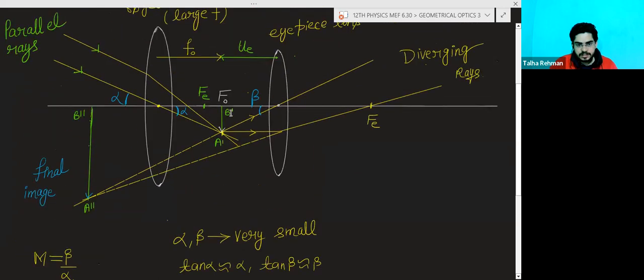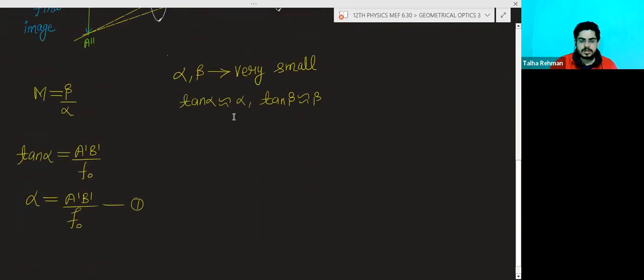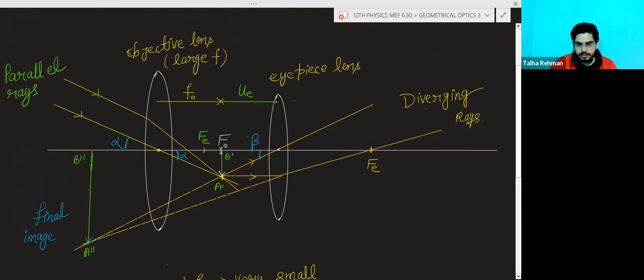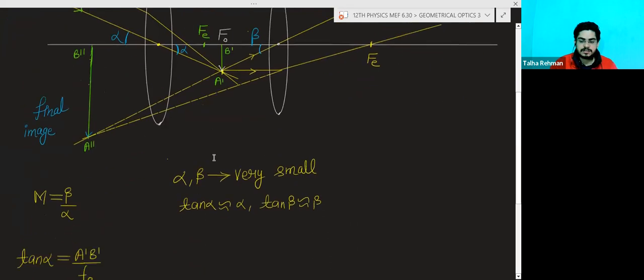Now for beta, see this triangle. From here you can find tan beta. So tan beta will be A dash B dash divided by UE, because tan beta is perpendicular divided by base, and the base is UE and the perpendicular is A dash B dash.